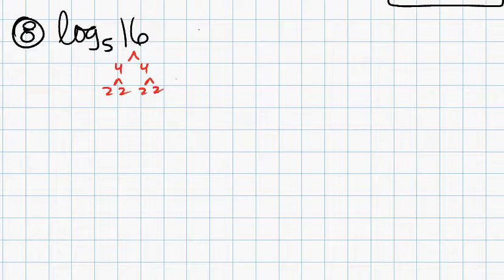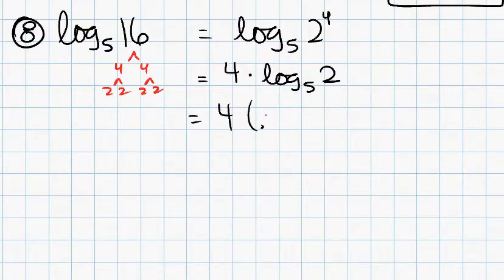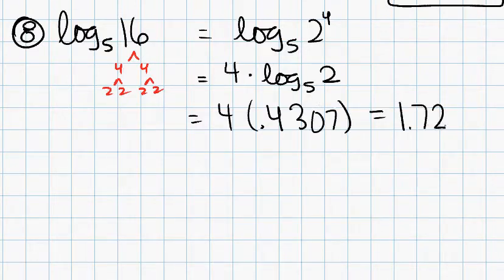So we'll write 16 as 2 to the 4th. Again, it's the power property. So it's 4 times 0.4307, which is 1.7228.